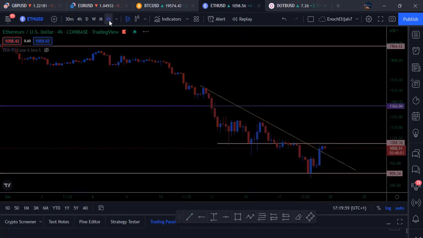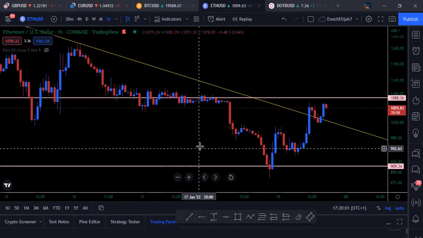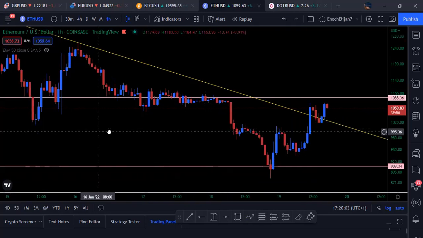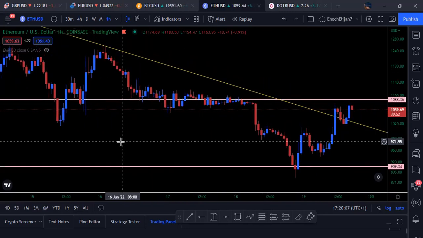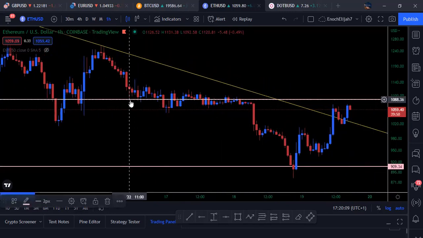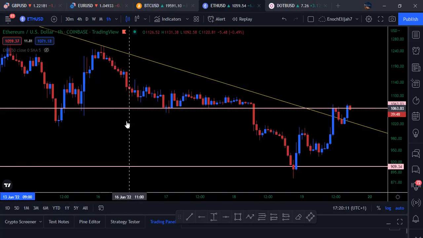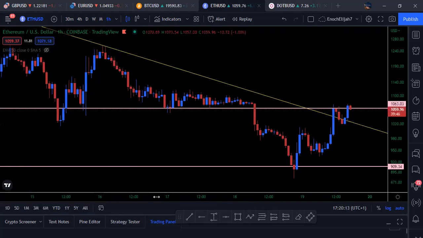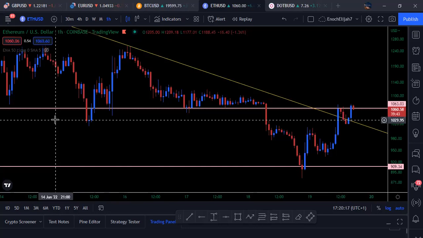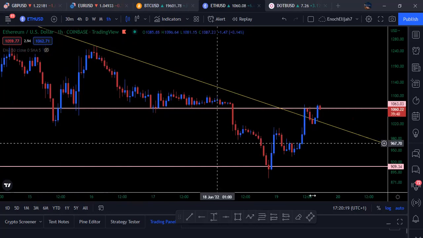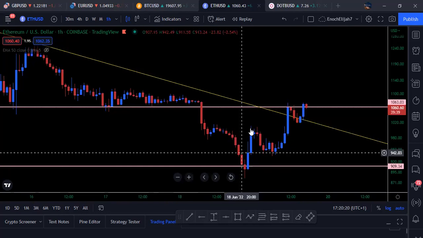So, the 1 hour. You can see now on the 1 hour, this is a resistance zone. Price made a higher high.